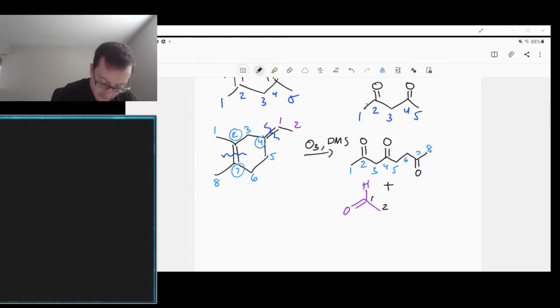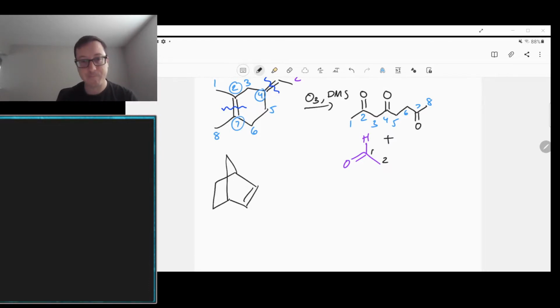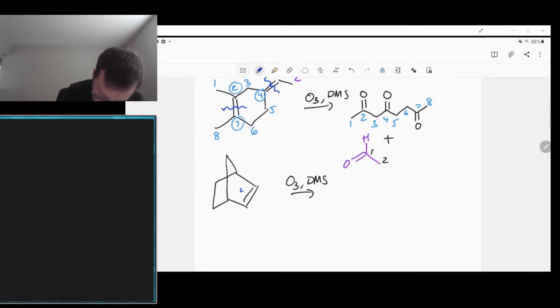And then if we have something crazy like a bicyclic system, we love our bicyclics. If we treat this with ozone, we are going to cleave this thing.